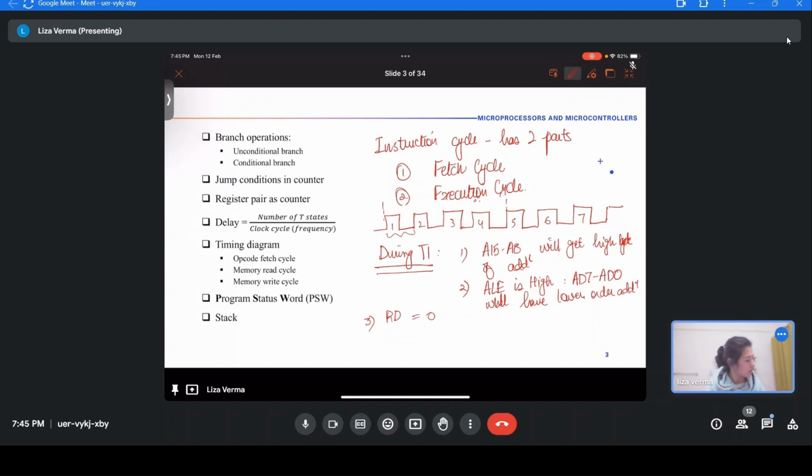No, actually, read goes low during the opcode read. Sorry. Read is initially high during T1. Read and write are high since no operation is being performed.